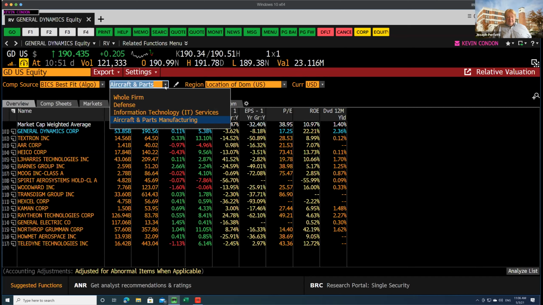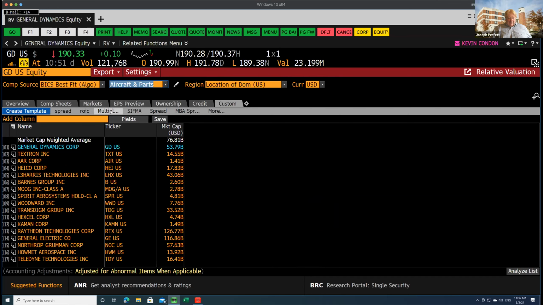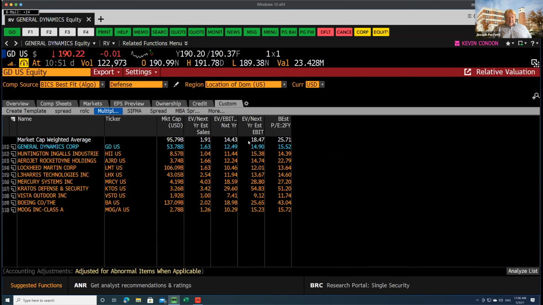Because they really do have different industries. And you can kind of see that. In fact, I'll go here to our multiple sheet that we had done earlier in the semester for our bear and bull. Notice, when you look at the aircraft and parts business, these multiples as an industry average are much different than the defense multiples.